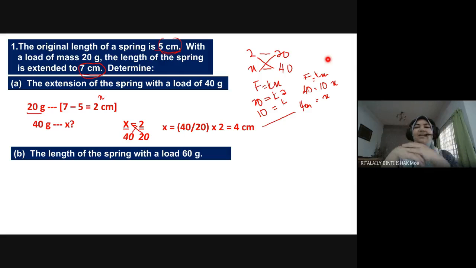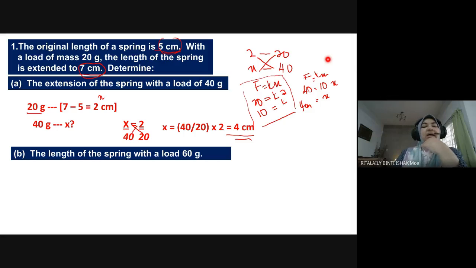So I would prefer if you use F equals to kx. And if you use F equals to kx, you don't have to convert the 20 gram into Newton, the 2 cm into meter. Because your answer will be in cm also, because you're using the same mass. Okay, so the answer is 4 cm.